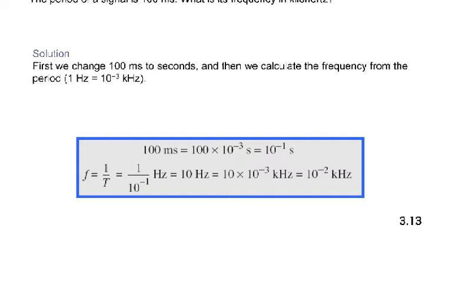So the frequency in hertz is 1 over 0.1, which is 10 hertz. Okay? And again, this is a very simple example, and this is valid for a simple sine wave or a simple cosine wave. So you can calculate the frequency as the inverse of the cycle duration very easily.